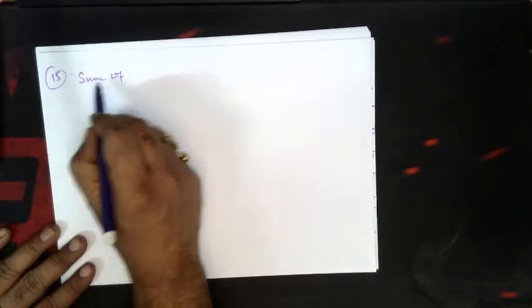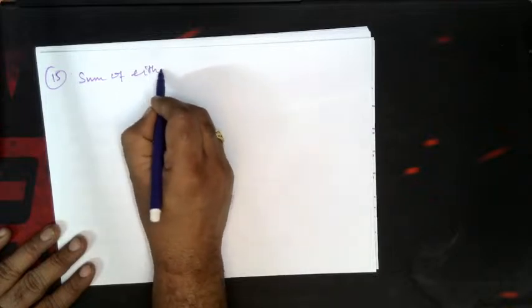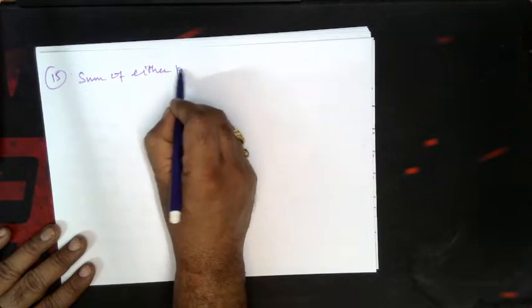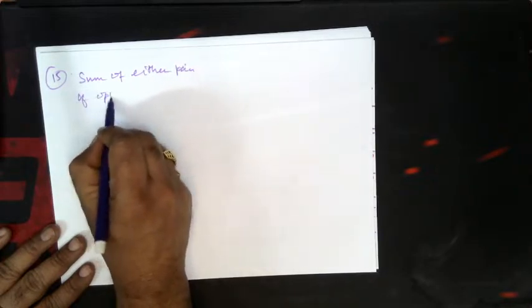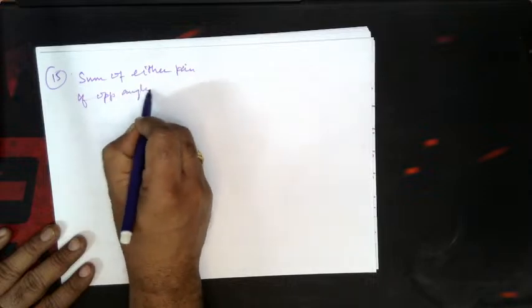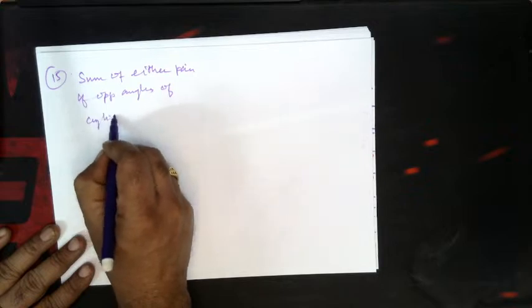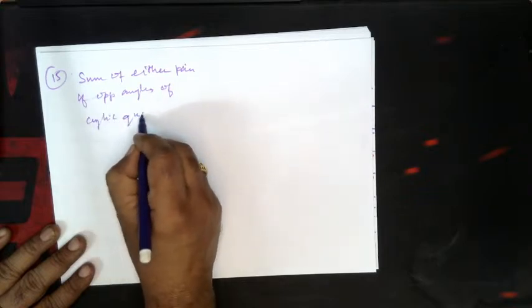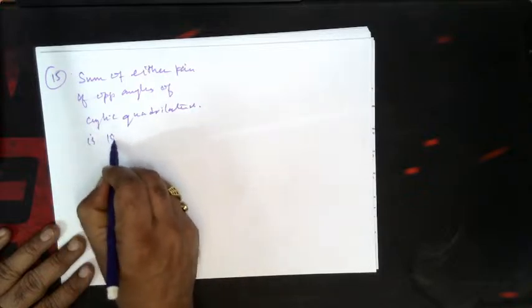The sum of either pair of opposite angles of a cyclic quadrilateral is 180 degrees. What do you mean by this?